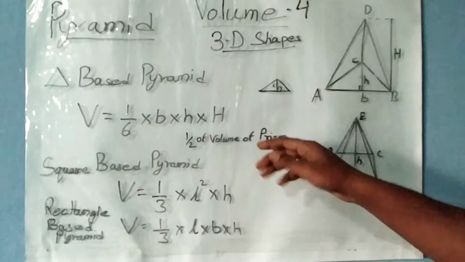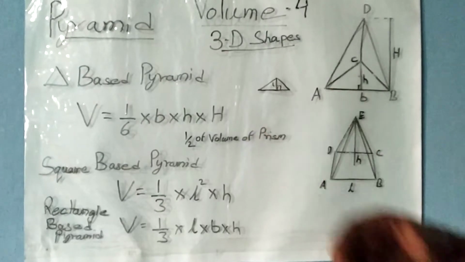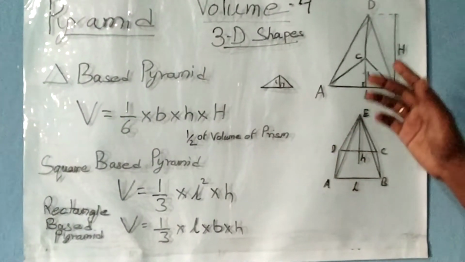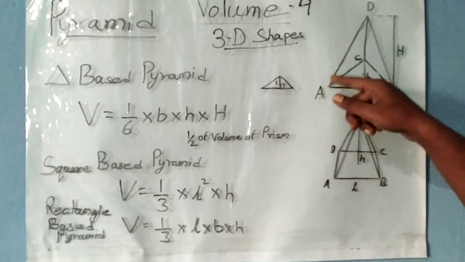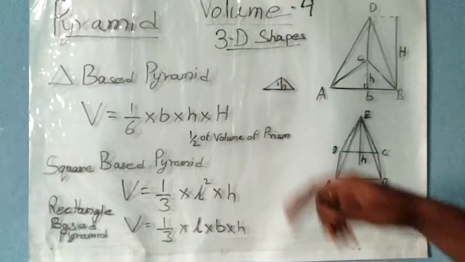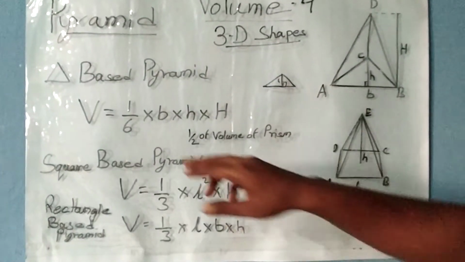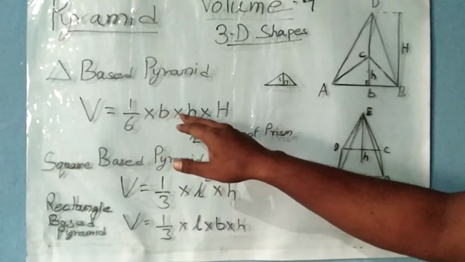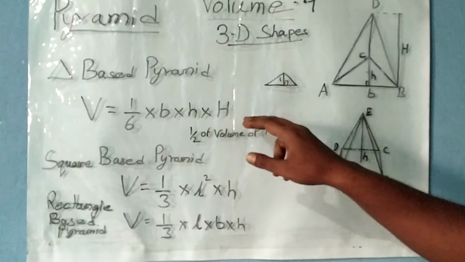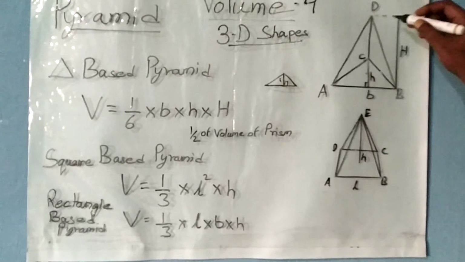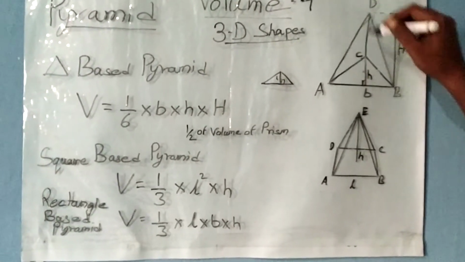Prism also we have discussed in the previous video, how to find the volume of the prism. So the volume of the pyramid is half of the volume of the prism. In that case also it was 1/3 into base into height into length. So this height is the height of the pyramid.